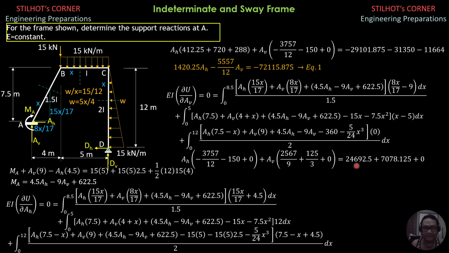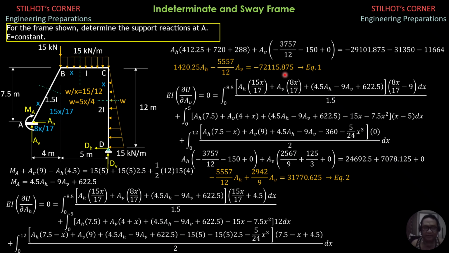Then equals, for the constants after transposition, these are the values except for the third, which is again 0. So simplifying this equation gives negative 5557 over 12 AH plus 2942 over 9 AV equals 31,770.625.